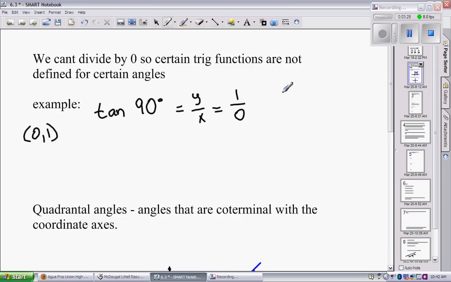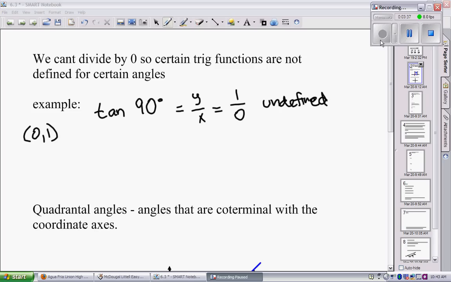So you can't do it, it's undefined. As you see from this example, you get it to be undefined when the bottom is 0, so either x or y is going to be 0. This is when you may have a trigonometric function be undefined.